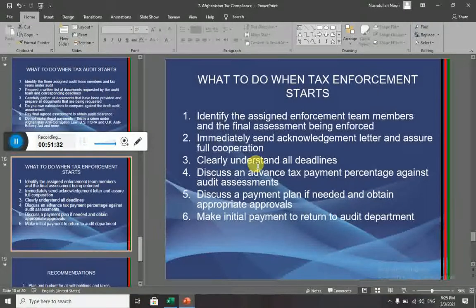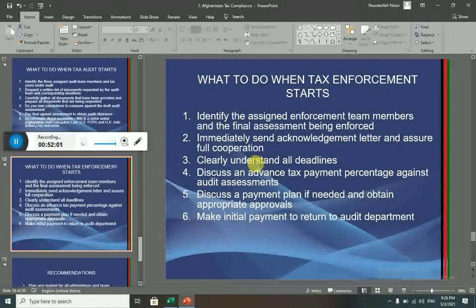If you cannot pay the percentage or the amount that the tax office is demanding from you to show you're compliant, then whatever amount that you want to pay, you will have to confirm it from the top management or the administration of the Ministry of Finance. That could be DG Revenue, that could be Deputy Minister.